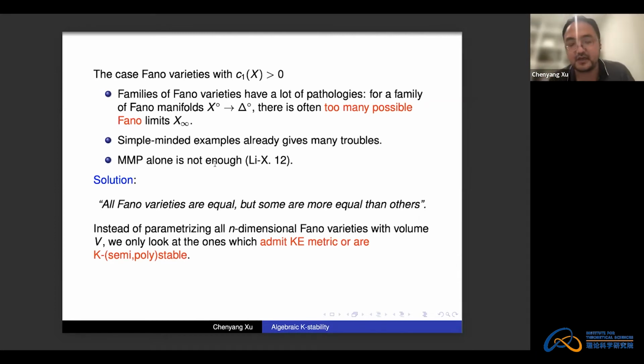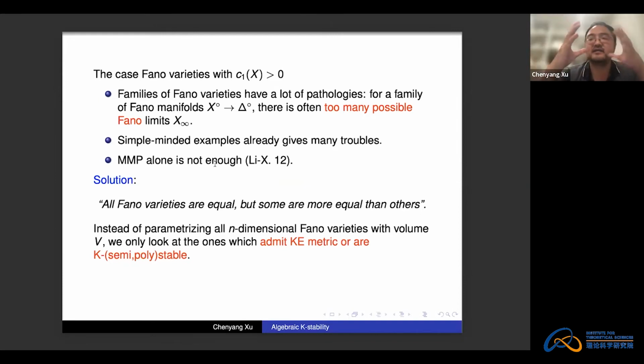Now we have this equivalence with an algebraic notion, so we can just use this algebraic notion to establish the moduli theory. Historically, people started to have some hope of this kind of belief more than 10 years ago, because from the differential geometry work it was somewhat clear that the space of Kähler-Einstein metrics is a finite-dimensional moduli space.